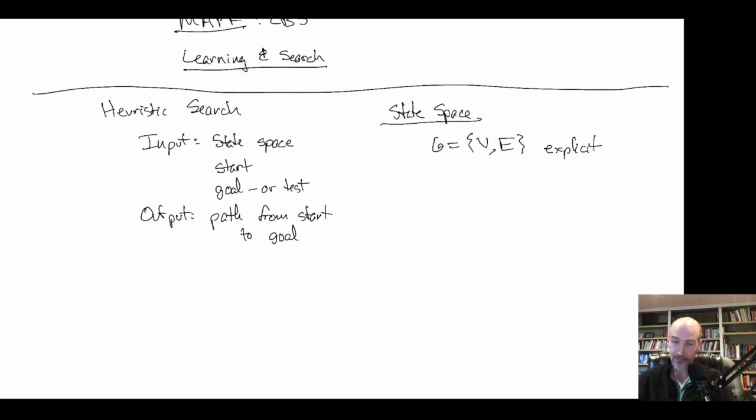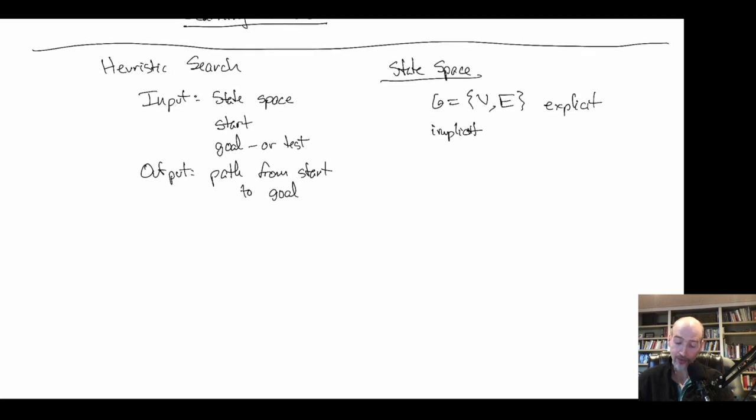So if I want an implicit definition, I need to define a couple of different things. We have a start state, and given a start state, we can generate an entire graph by using a successor function.